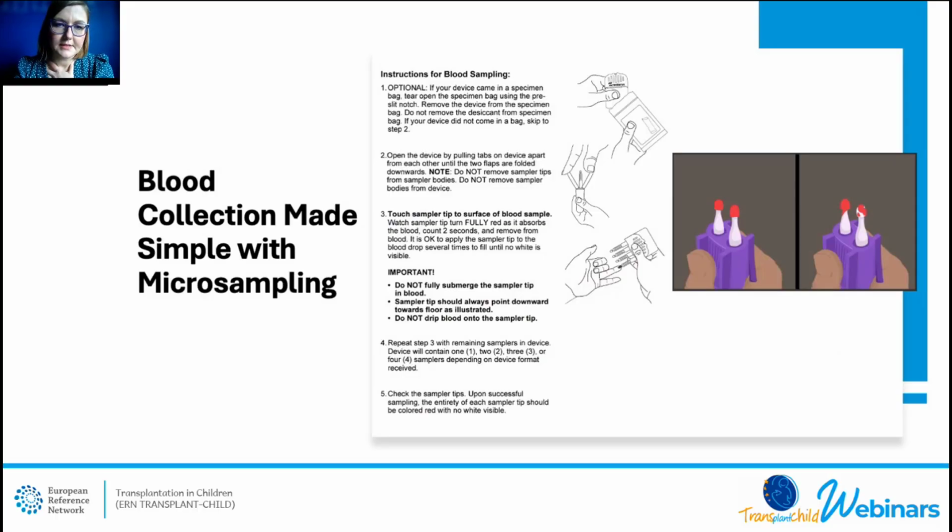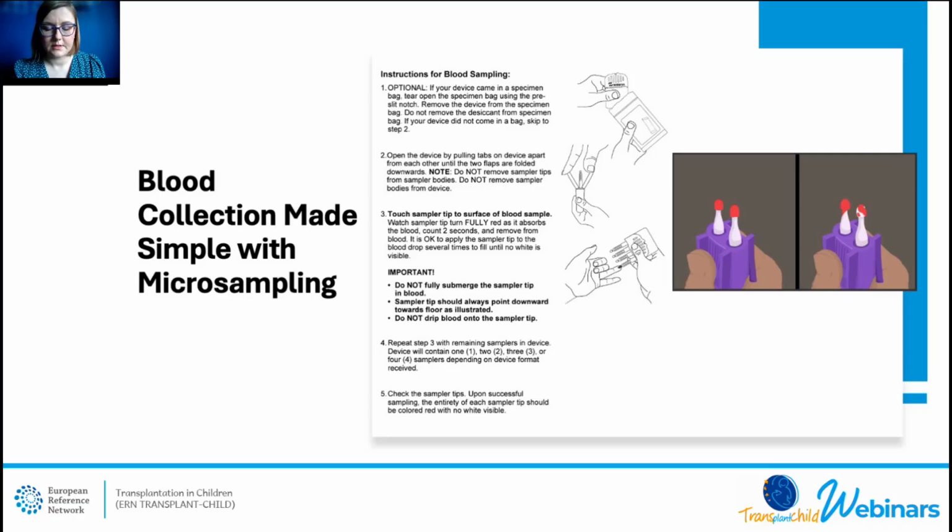Here you can see the instruction for Mitra VAMS. As you see, it's not very difficult. You can also see on this color picture when the samples are collected in the right way, or when they still need to be corrected.